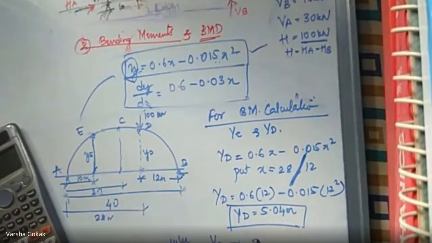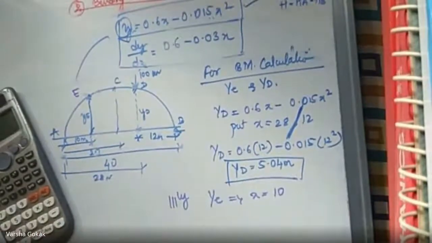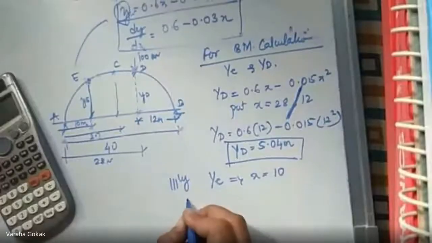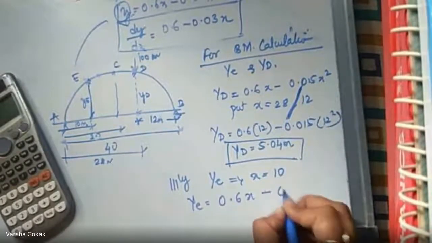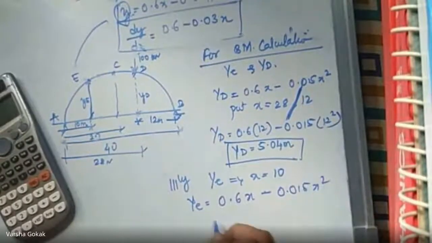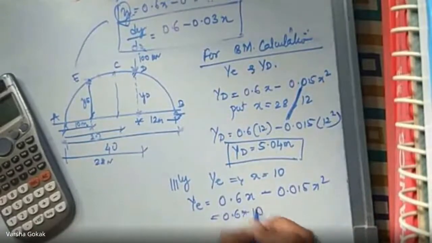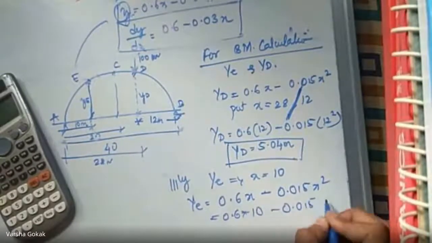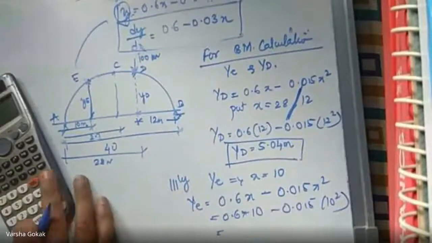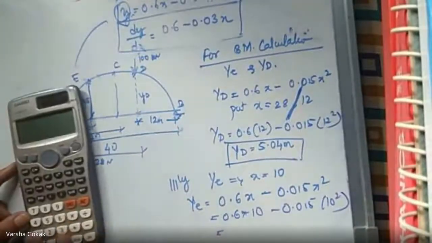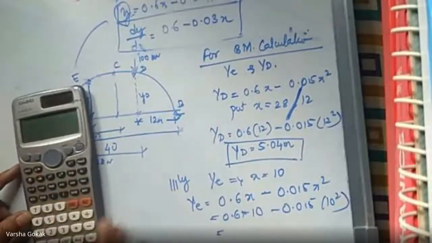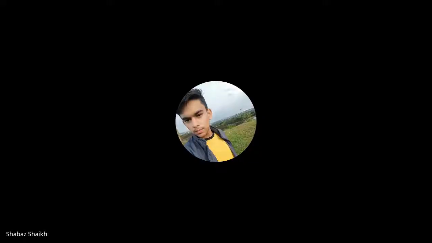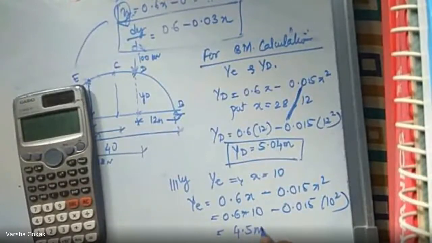Similarly, I want YE. So for YE, put x equal to 10. You get 4.5. 0.6 into x minus 0.015 into x square, that is 0.6 into 10 minus 0.015 into 10 square. 4.5. So you got the values of y now.